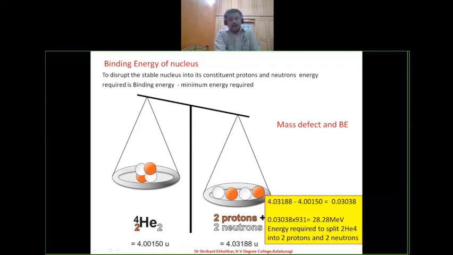So you can calculate the difference. As a whole it is 4.00150, and when the 2 protons and 2 neutrons are separately weighed it is 4.0318. The difference between real mass and assumed mass is 0.03038. This is the mass defect.